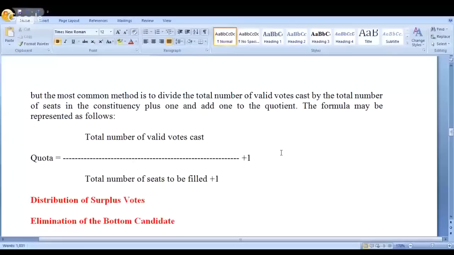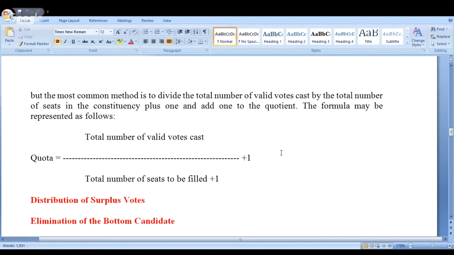Look at this. If you want to decide the quota, the total number of valid votes cast should be divided by the total number of seats to be filled. How many seats are there? President, only one, plus one, that is equal to 2. Meaning total number of valid votes polled divided by 2 plus 1. That you will get the quota.